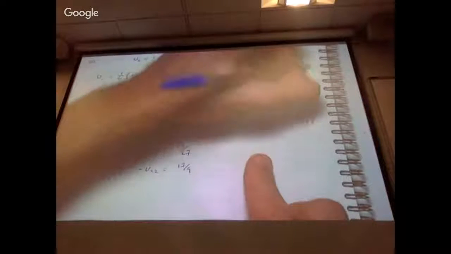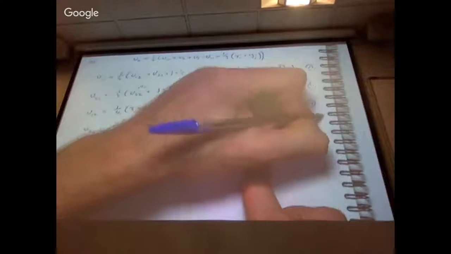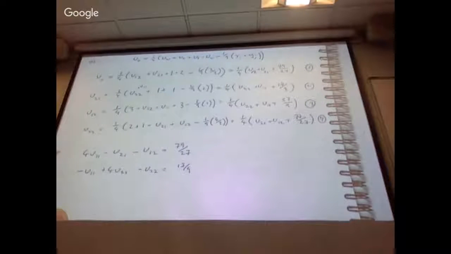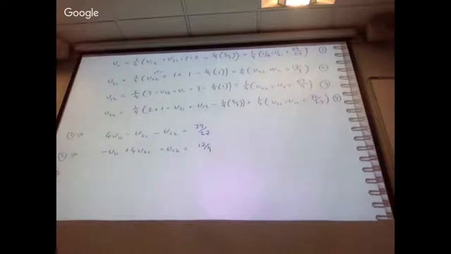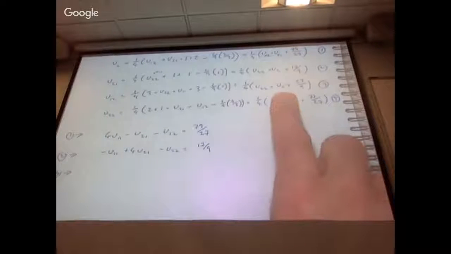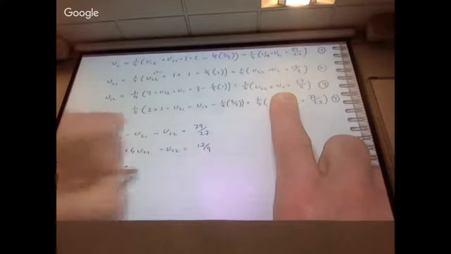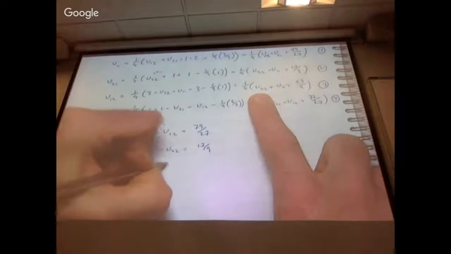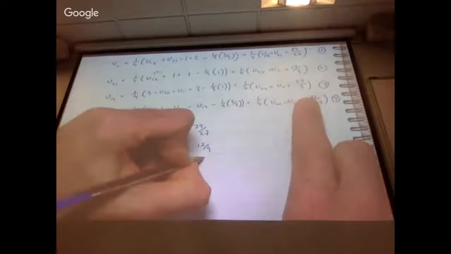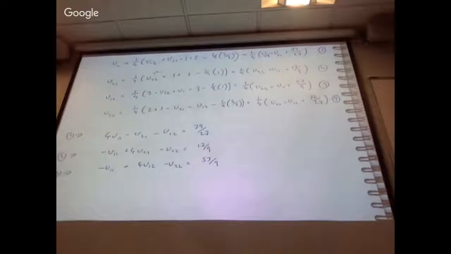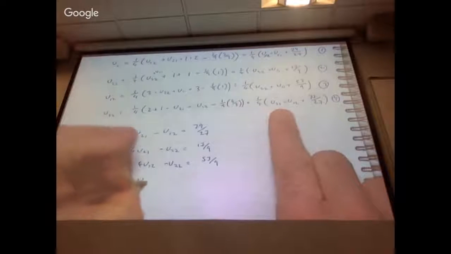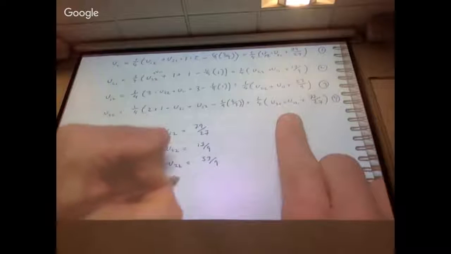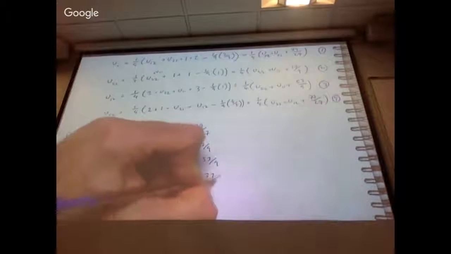So I should really label these: 1 gives, 2 gives, okay, 3. Doing exactly the same: minus u11 plus 4 u12 minus u22 equals 53 over 9. And finally, minus u21 minus u12 plus 4 u22 is 77 over 27.